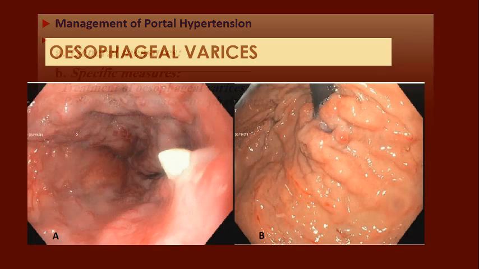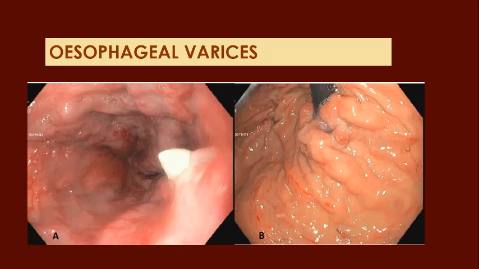The patient who presents with upper GIT bleeding can be approached as whether the bleeding is from varices or from other causes. As we mentioned, not all upper GI bleeding in cirrhotic patients is from esophageal or gastric varices.